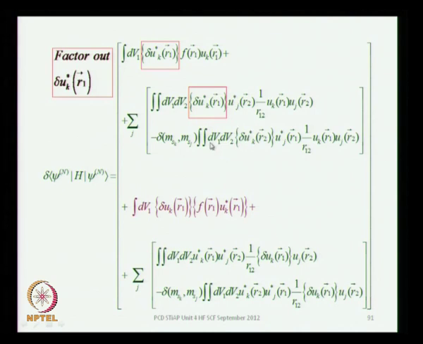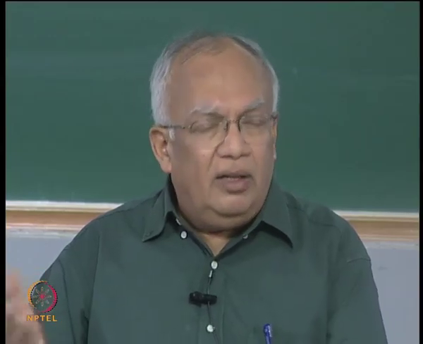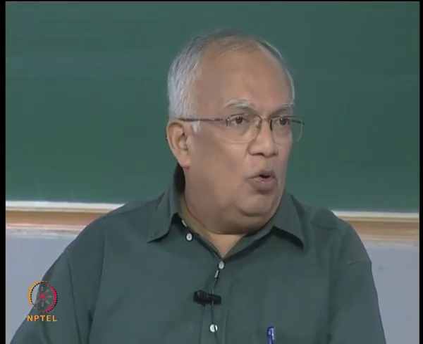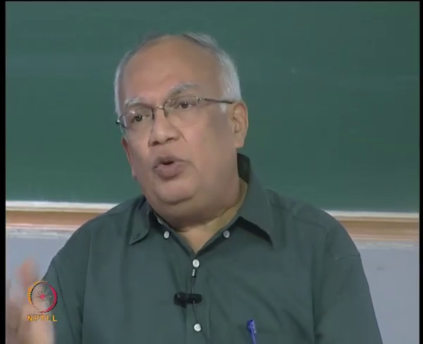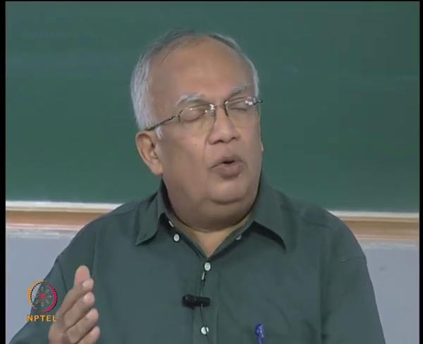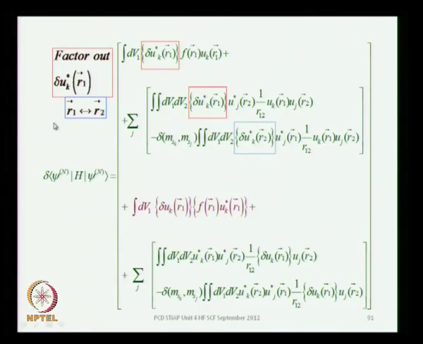So, you can write x in place of r1 and y in place of r2, or you can just interchange r1 and r2 labels, they are dummy labels which get summed over. Okay. Integration is just a sum and they get summed over. So, if you just exchange the dummy labels r1 and r2, you can extract delta uk star r1 from this term as well. Can you see that?